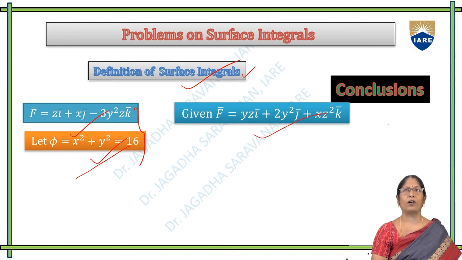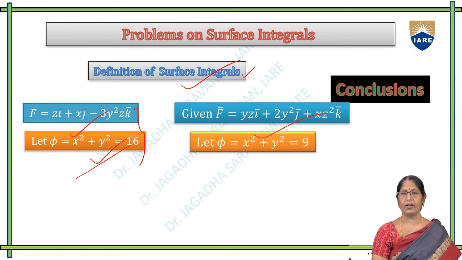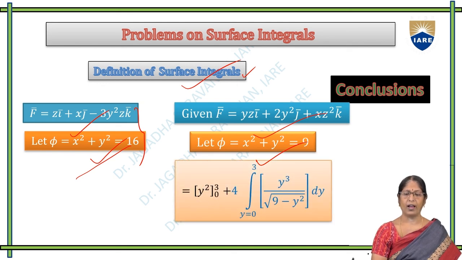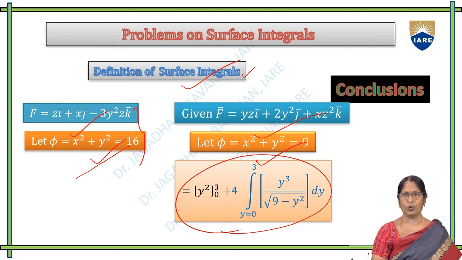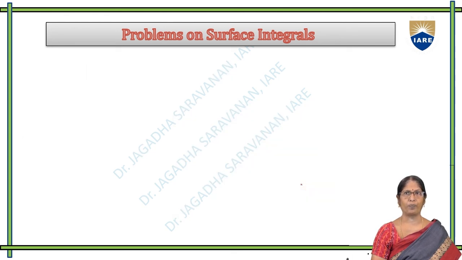Another function we took is yz i plus 2y squared j plus x z squared k, for which x squared plus y squared equals 9, and to solve the integral in a very easy manner we adopted the polar form.